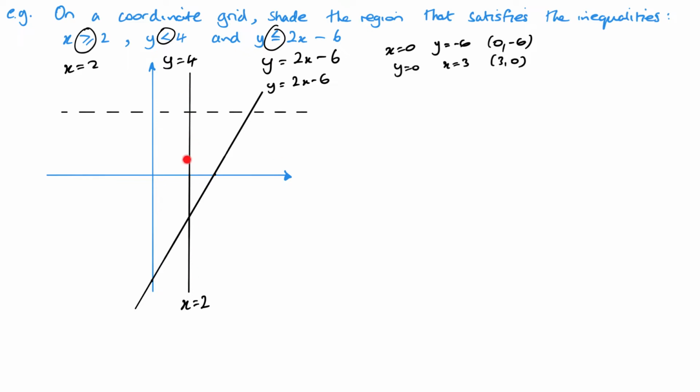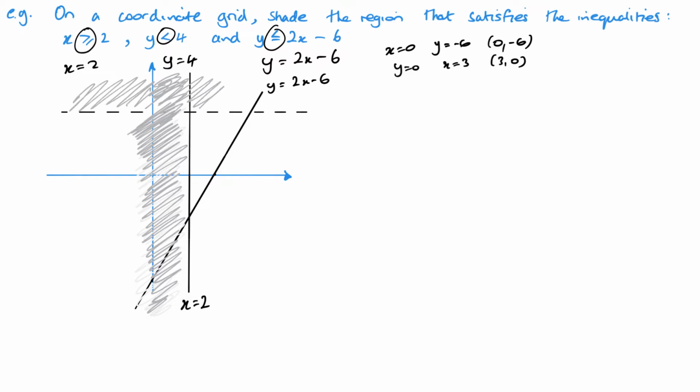If I talk about getting rid of my shading, what I'm going to do here is use a very pale grey, getting rid of everything to the left. Sorry, just making that a little bit darker there. Now we want y less than 4, so it's less than this line for y. So essentially I'm getting rid of everything above it. Yeah?